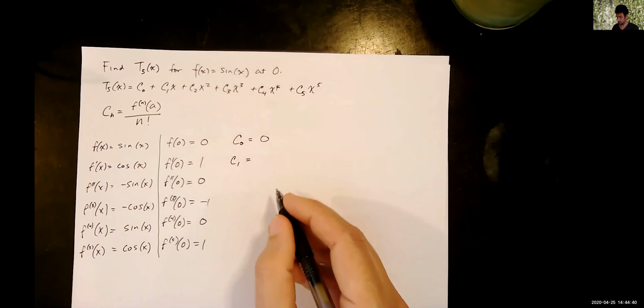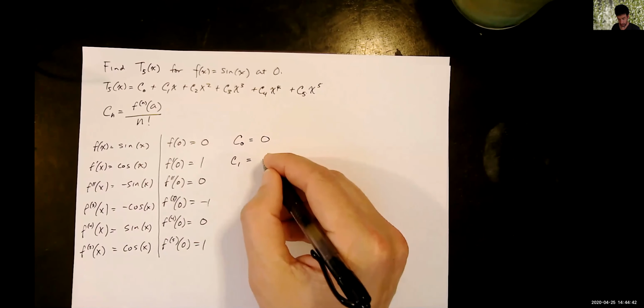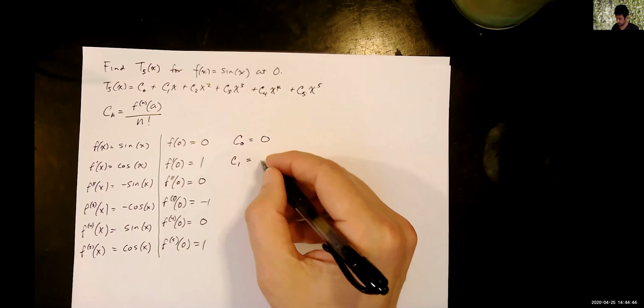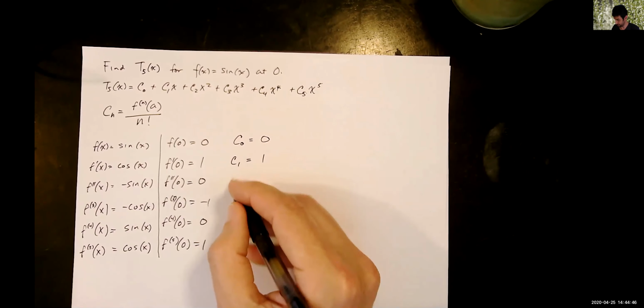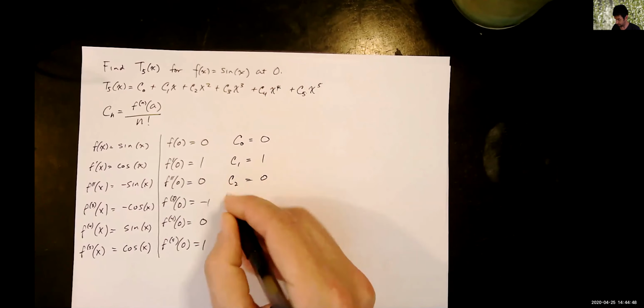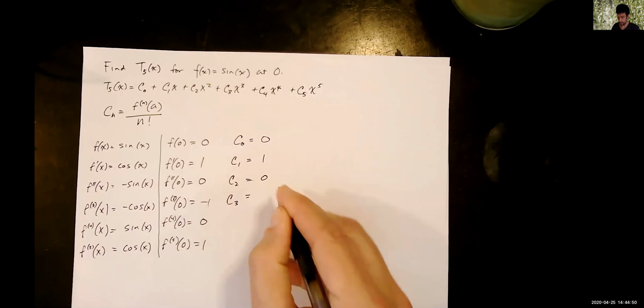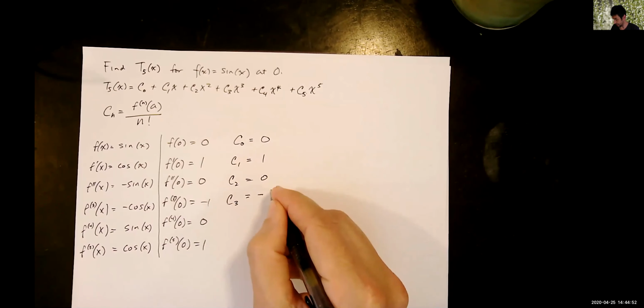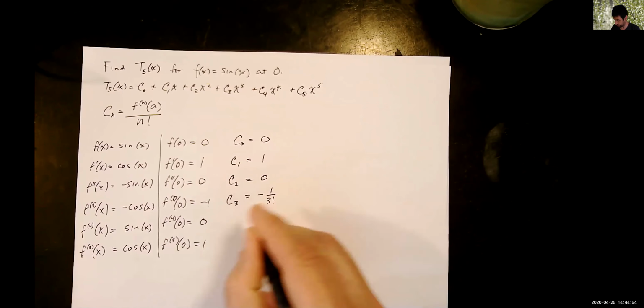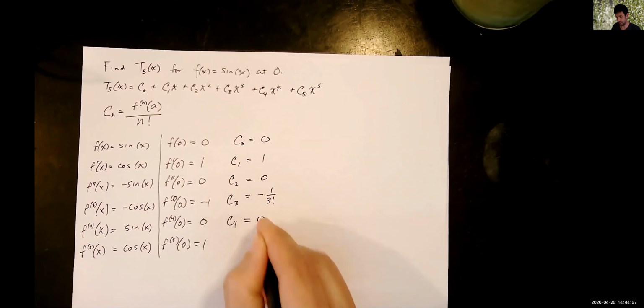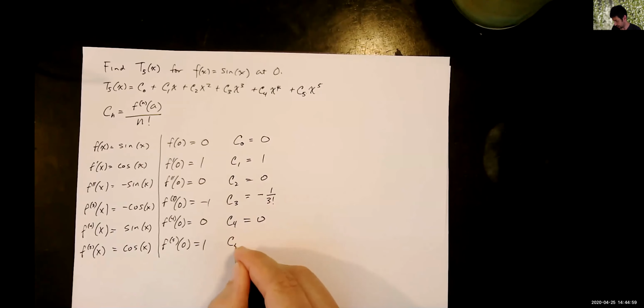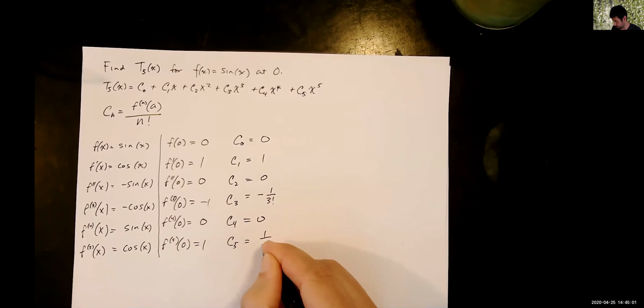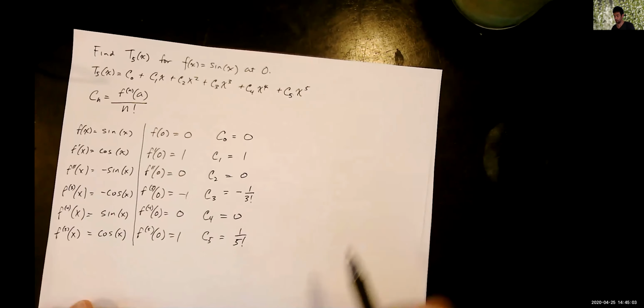C1 is going to be 1, right? 1 over 1 factorial. C2 is going to be 0. C3 is going to be negative 1 over 3 factorial. C4 is going to be 0. And C5 is going to be 1 over 5 factorial, right?